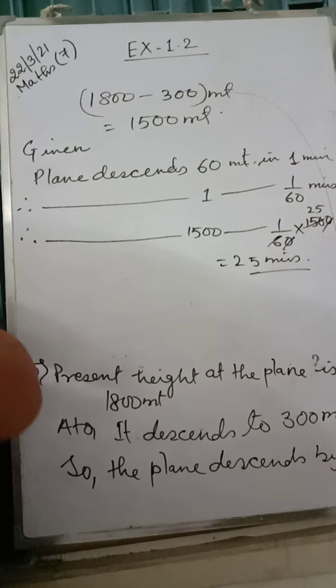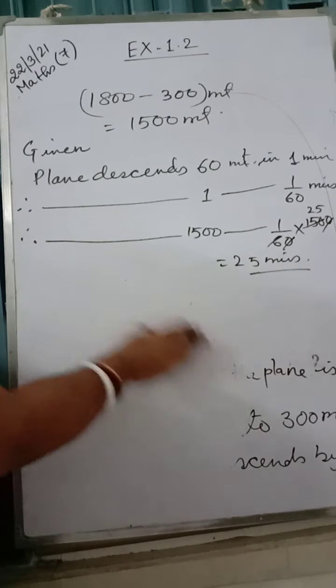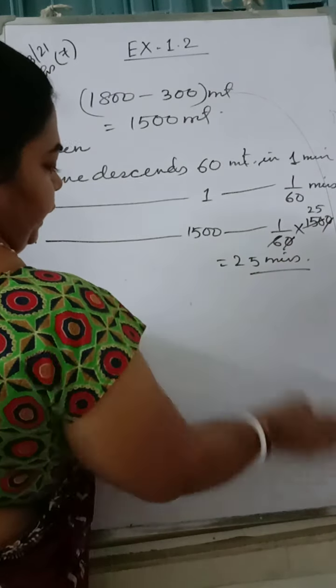Question number 6 says, a submarine left the surface of water at a rate of minus 2 meter per second. At that rate, how long will it take the submarine to reach the minus 80 meter level? It goes minus 2 meter in 1 second. It has to reach up to minus 80 meter. So what time will it take? Minus 80 divided by minus 2. It will take 40 seconds.